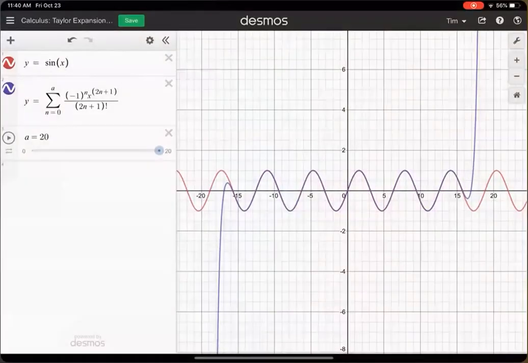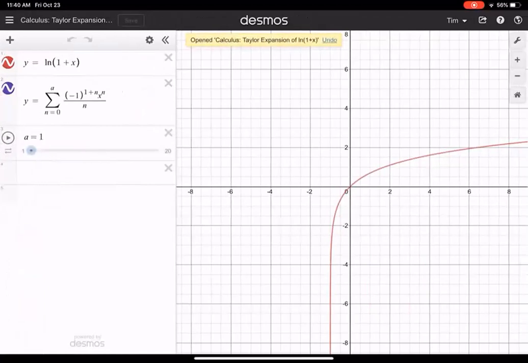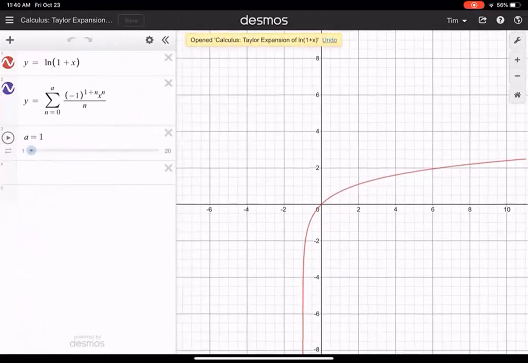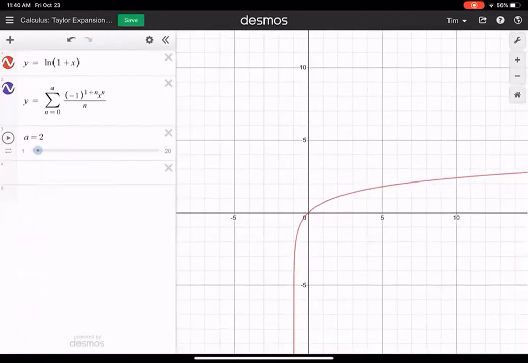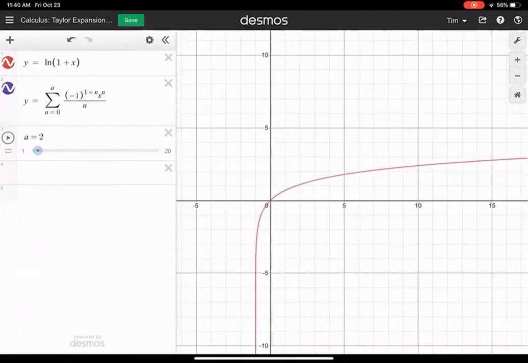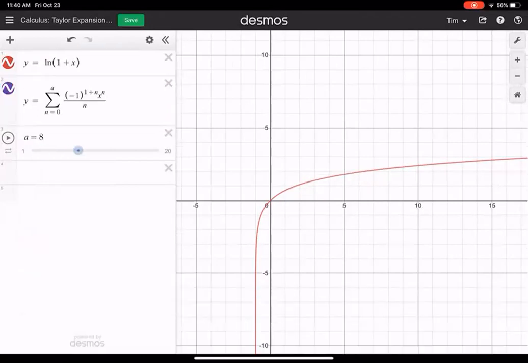I think I can quickly show you Taylor expansion for that. I really hope that I have this one. Yep, I do. So here we have the series. I'm looking here.